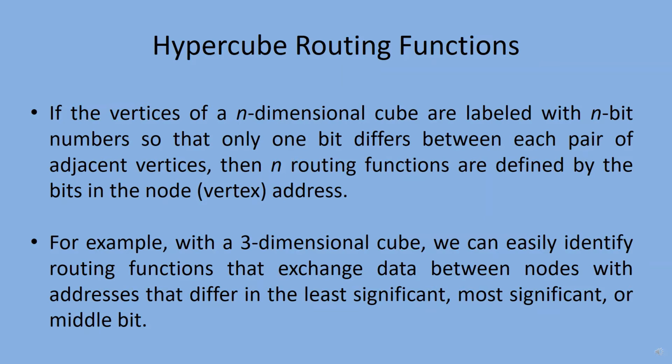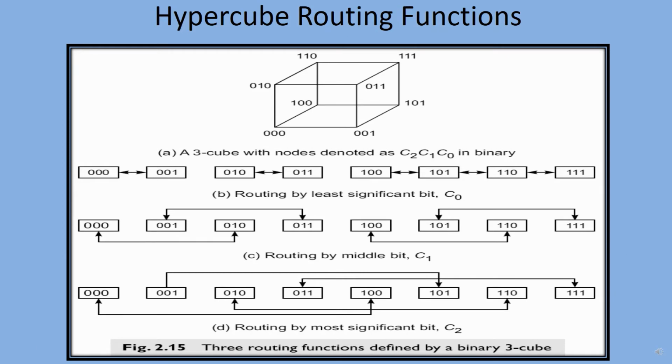For example, with the three-dimensional cube, we can easily identify routing functions that exchange data between nodes with addresses that differ in the least significant, most significant or middle bit. The diagram shows hypercube routing functions.